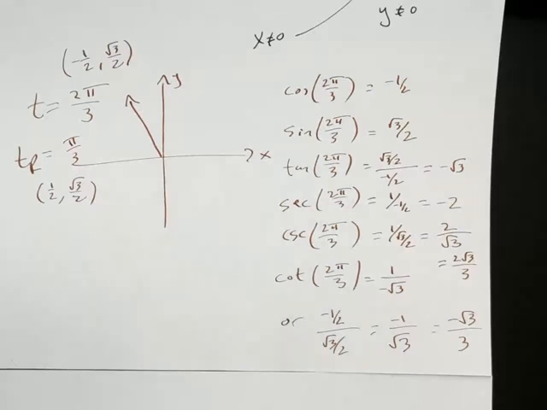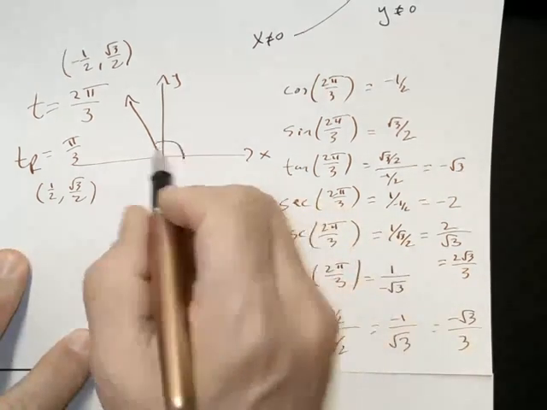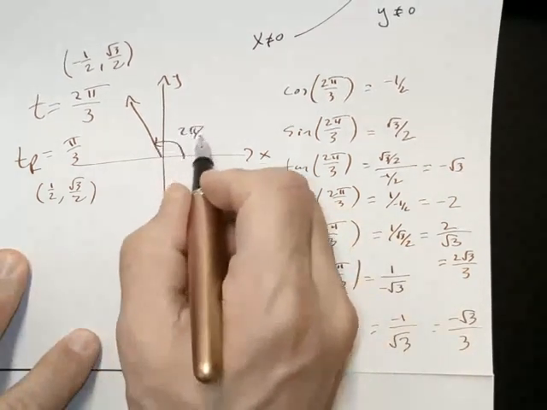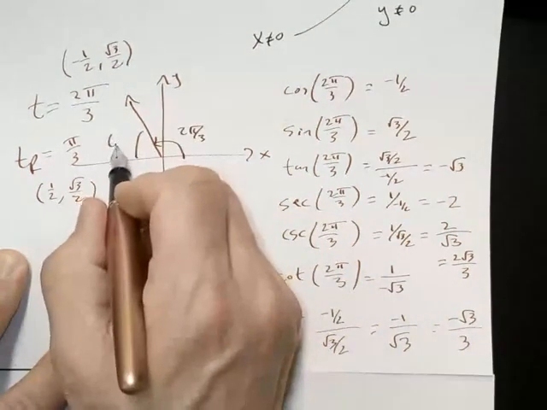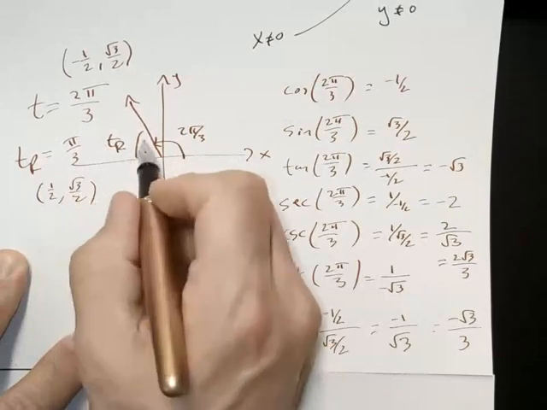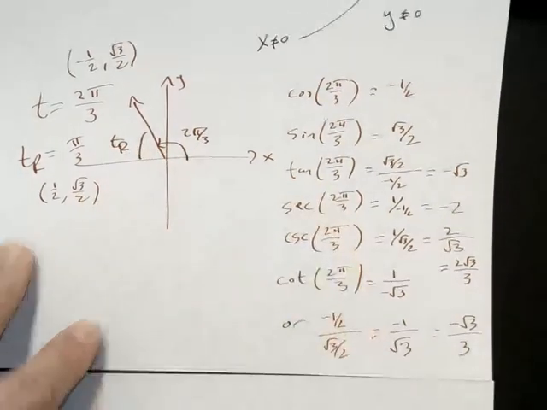When you graph the 2 pi over 3, what's the closest angle to the horizontal? That's our reference angle. That's 1 pi over 3. So t itself is here, and then this is t R, and that's the rest of a straight line.